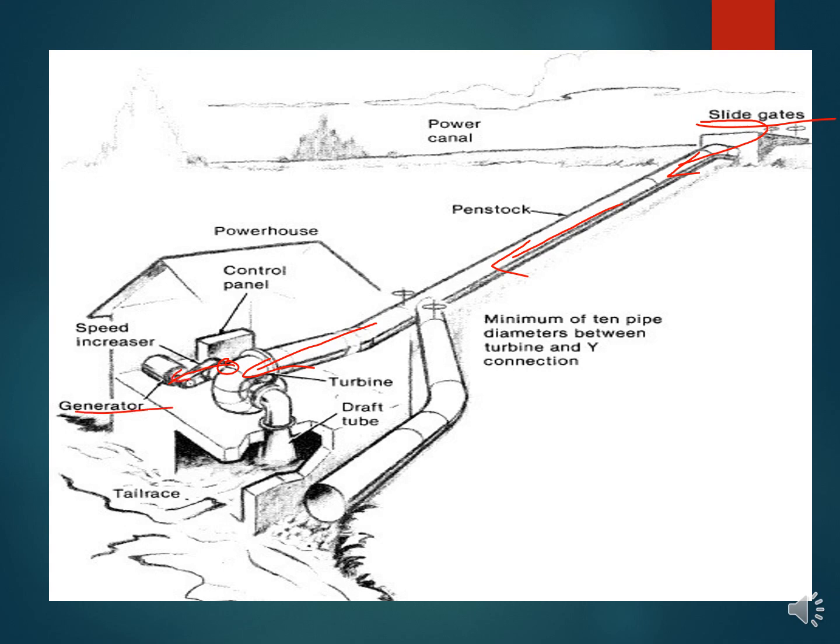The generator's shaft rotates, the speed increases, and the generator produces the electricity and connects it to the control plant. After the shaft is rotated, the water goes out through the draft tube into the tail race, back to the river. Okay, this is the principle of small hydropower plants.